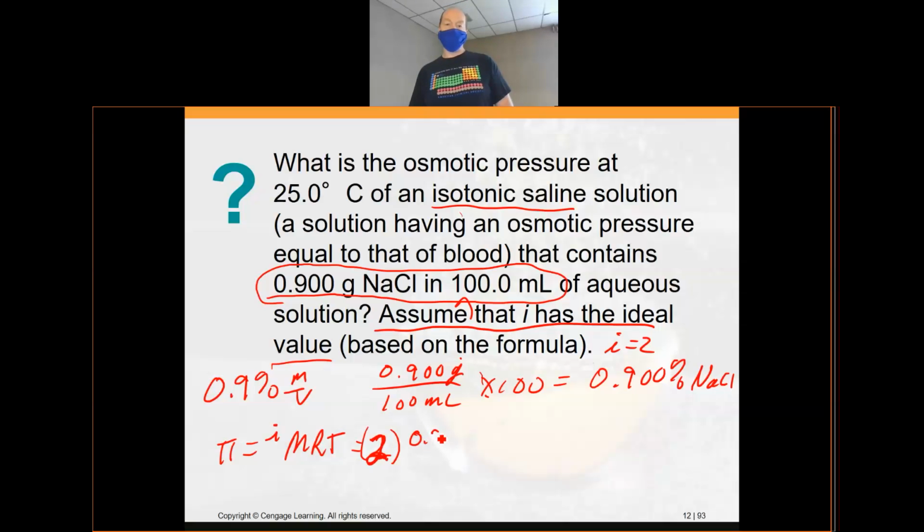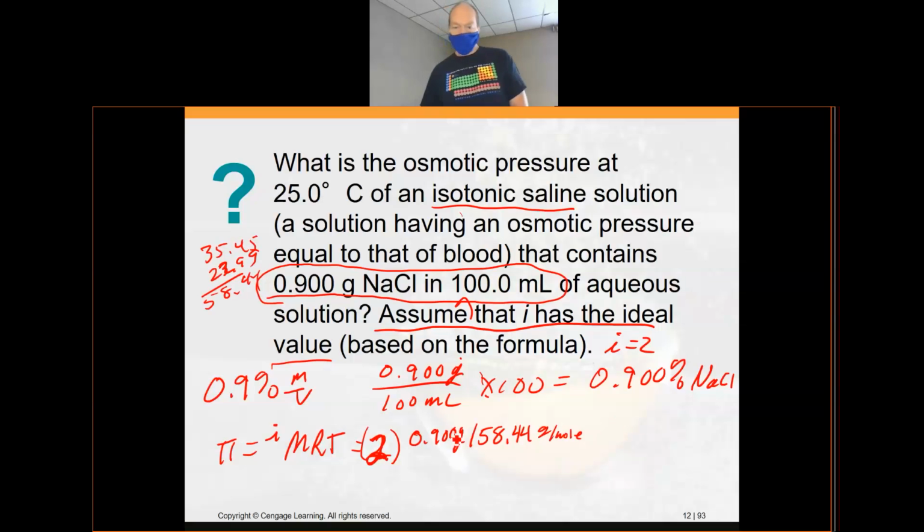So we take our 0.9 grams and divide by 58.44 grams per mole. That's 22.99 plus 35.45, 58.44. And then our volume of solution is 0.1 liter.